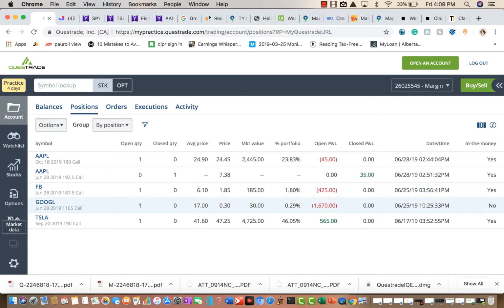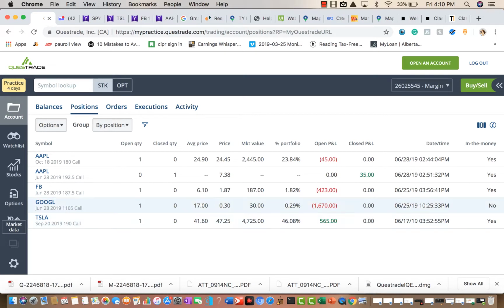Because for the other trade that I have right here, Google, as you guys can see, it says no. So this means this Google expired out of the money, and in this case you don't have to worry about getting exercised. All you could lose in this case is the average price or your initial investment of 1700.